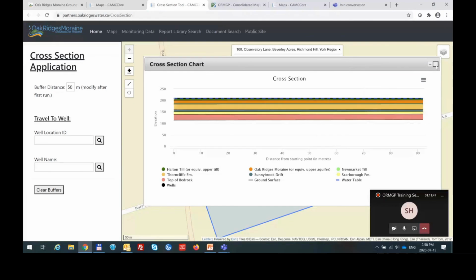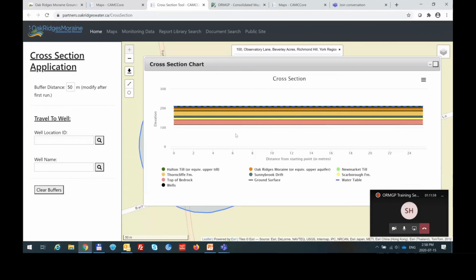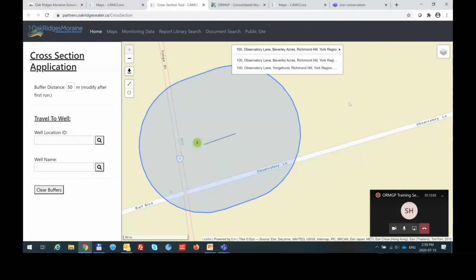So that was a small area. In this case, I'm 90 meters. I don't think there's really any restriction. There's 25 meters. Okay. The one I drew before was 50 kilometers.